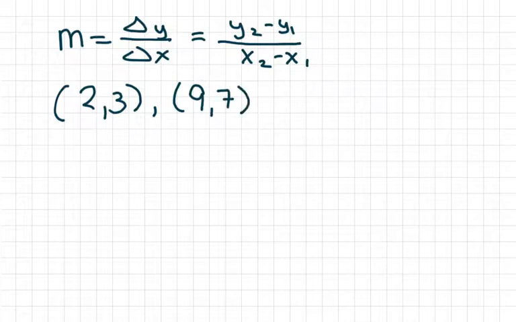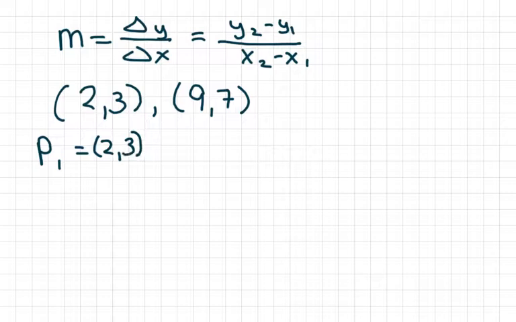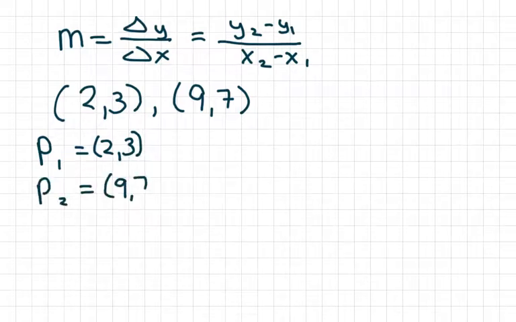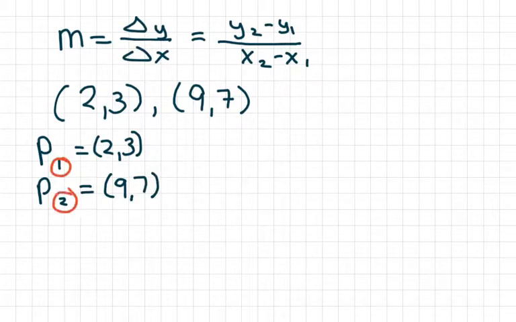And what I'm going to do is call these points 1, point 1 equals 2 comma 3, and point 2 is 9 comma 7. And point 1, these are called index numbers. So I'm going to call this x1 comma y1. And this one is going to be x sub 2 and y sub 2.